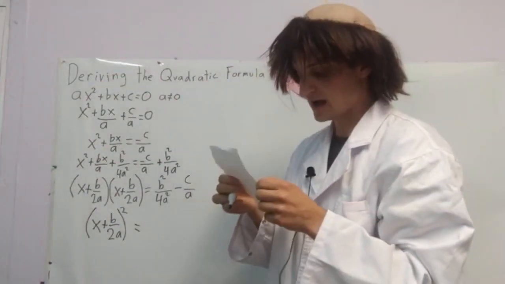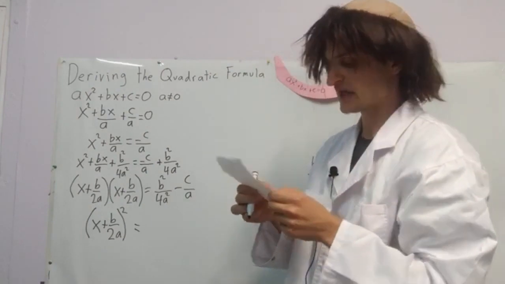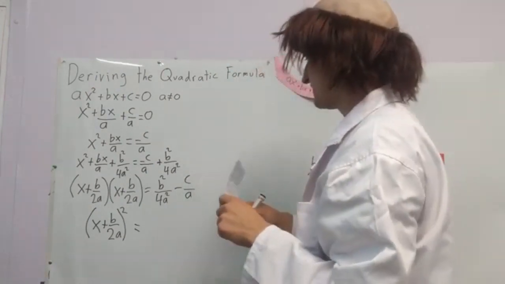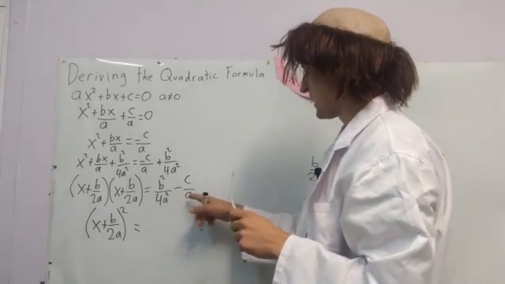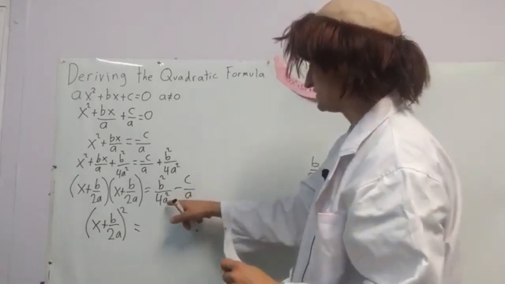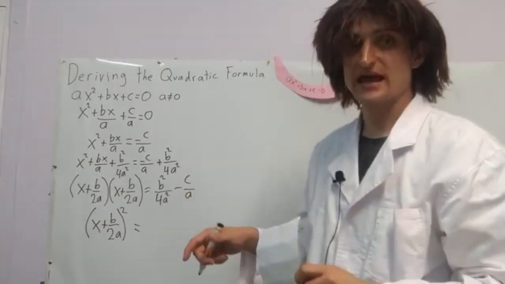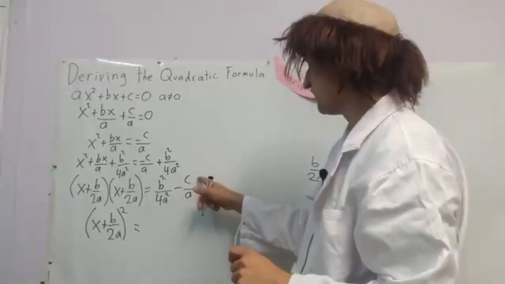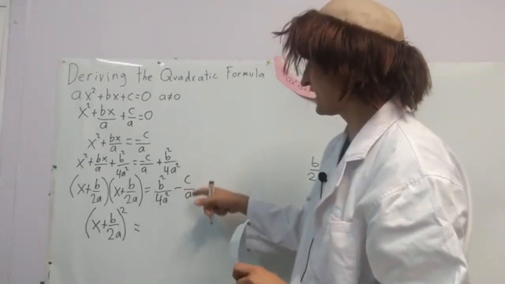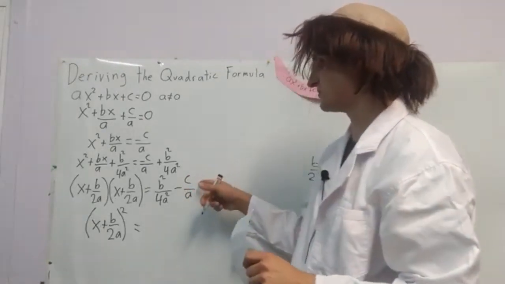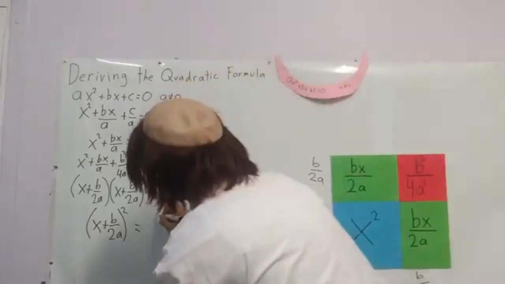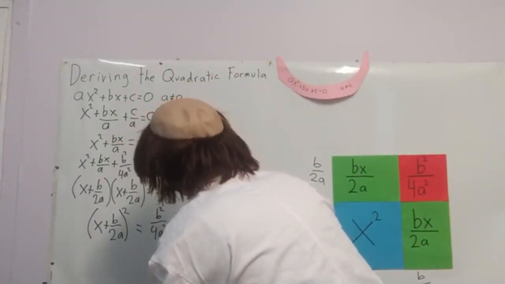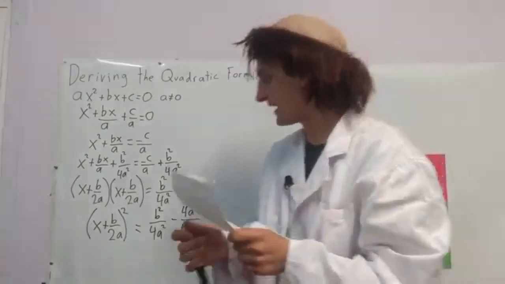What about on the right? Number 7, find a common denominator. How can I get a common denominator? It looks like I need to multiply 4a to the top and bottom of the term on the right. Step number 8.